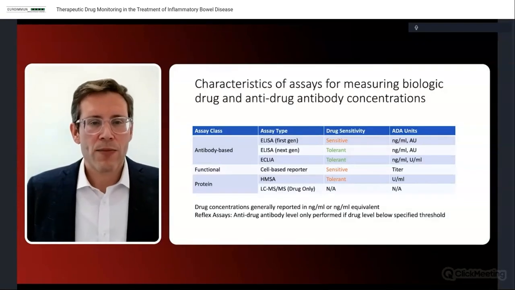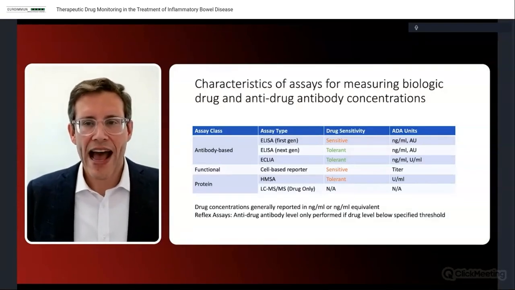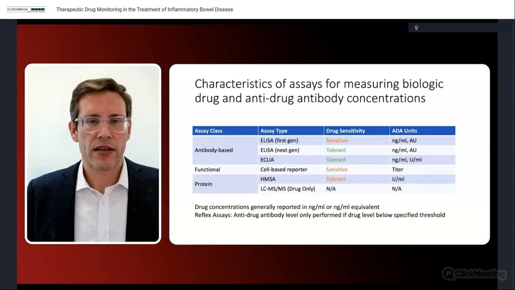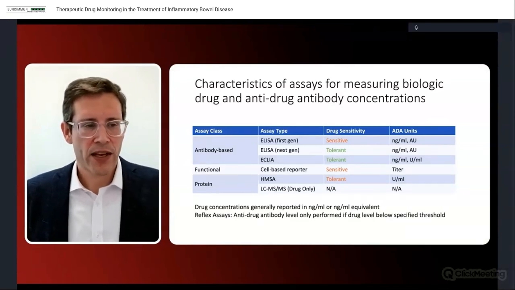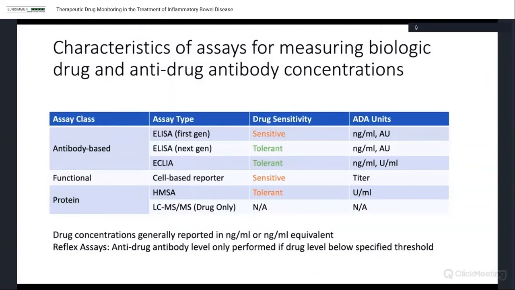So this table summarizes some of the characteristics of the assays used for measuring biologic drug and anti-drug antibody concentrations. There are three main types of assays being used today. One is our antibody-based assays, another are functional assays, and then the third class are protein-based assays. So the antibody-based assays include ELISAs and ECLIAs.